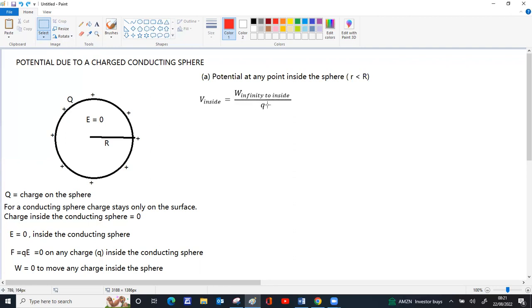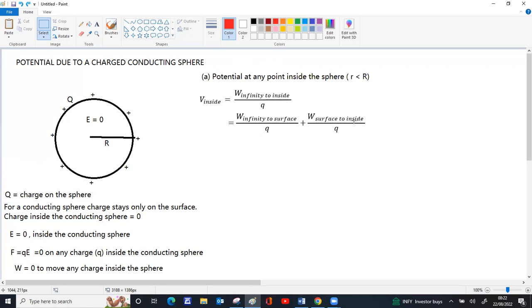Now this work can be split into two. Work done from infinity to inside can be split as work done from infinity to surface plus work done to move the charge from surface to any point inside. The advantage of splitting is that work done inside will be 0.